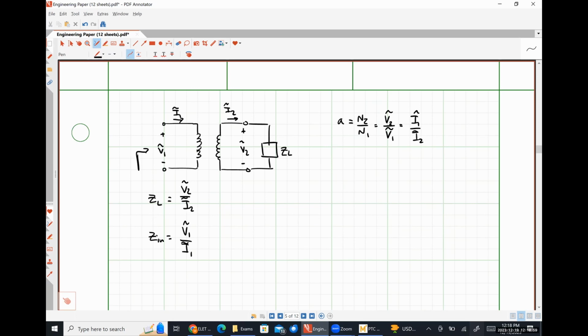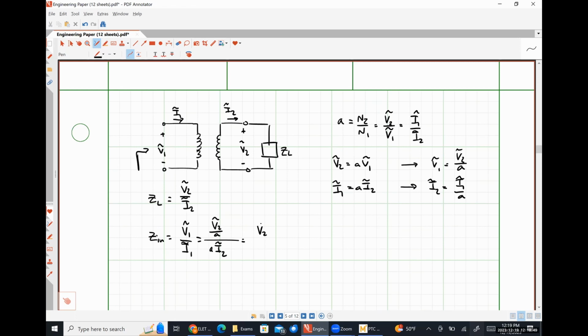So we can see that V2 is equal to A times V1, or V1 is equal to V2 over A. We can also see that I1 is equal to A times I2, or I2 is equal to I1 over A. So V1 is V2 divided by A. I1 is A times I2.